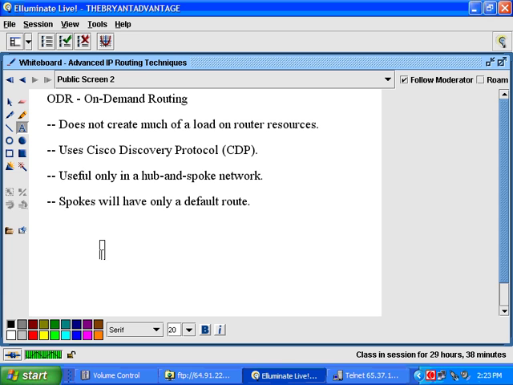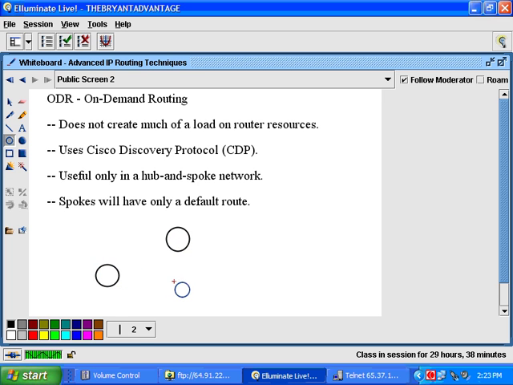Well, here's CDP again. What on-demand routing actually does is it uses Cisco Discovery Protocol to allow routers to communicate with each other. And the drawback is that ODR is useful only in a hub and spoke network. That's the only time that you're going to ever see ODR.